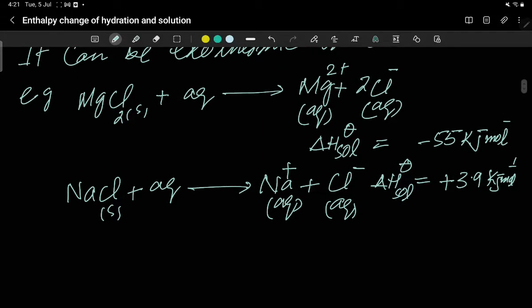So as you have seen, dissolving of magnesium chloride in water is exothermic, while dissolving of sodium chloride is endothermic.